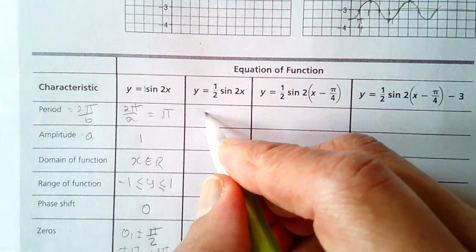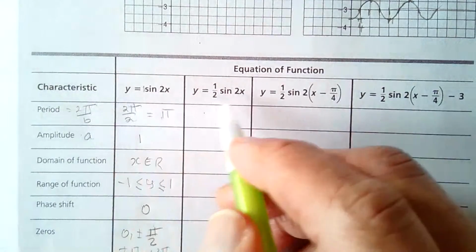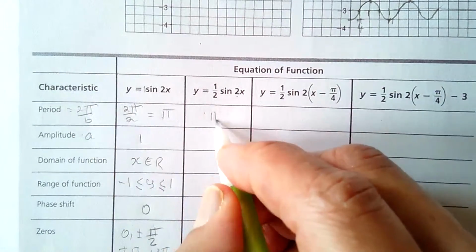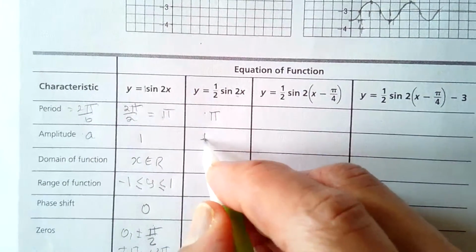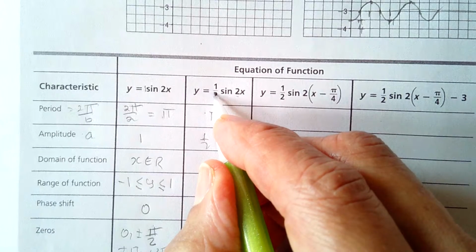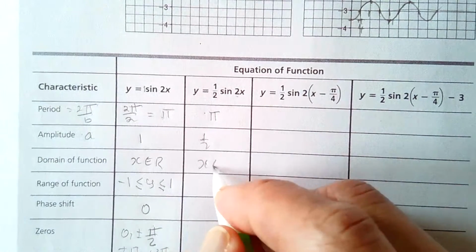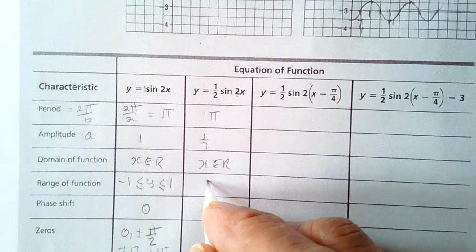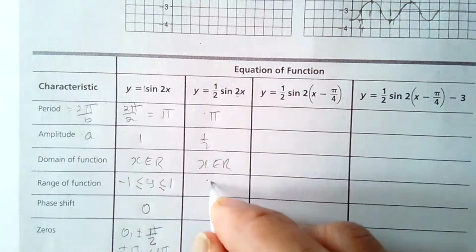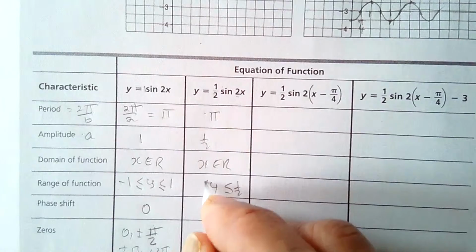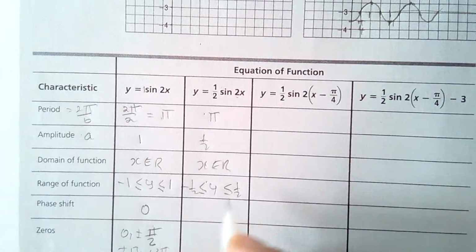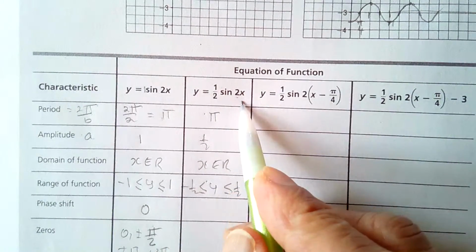The next one here, we're looking at the period again. It's 2 pi over b, which is pi. The amplitude is a half, right? That's your A value. The domain would be the same, x is the set of real numbers. Now y is between a half and negative a half. There's no phase shift here, right?